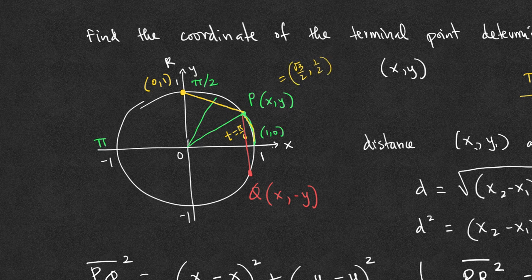Using symmetry, if this distance is pi over 6, then another pi over 6 would give us 2 pi over 6 or pi over 3. The coordinate at this point is x is 1/2, y is root 3 over 2.